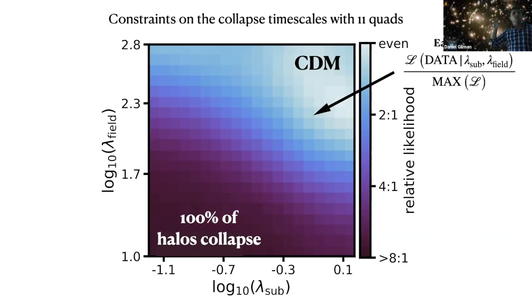The reason why you can associate that with cold dark matter is because here the core collapse timescales are very long. So nothing is collapsing, and this is by definition what you mean by cold dark matter, where you don't have any core collapsed halos. The opposite is true in the lower left corner. This is where the timescales are both very short, which means basically everything collapses immediately, and so every single dark matter halo in the universe would be core collapsed.